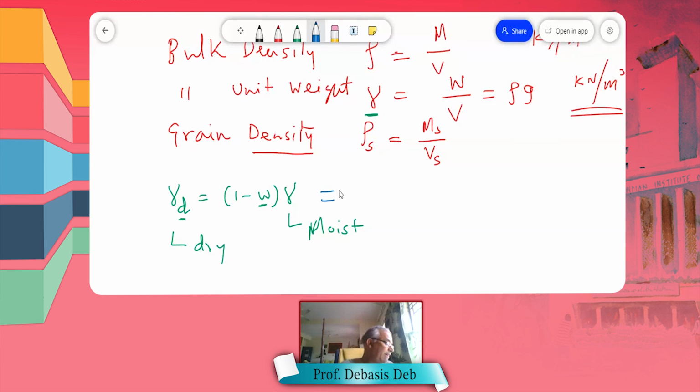Weight of solid divided by volume. Weight of solid by total volume, right? Okay, good. Can you start from here and find that out? Now, what is gamma? I already gave you the total weight by volume. So the volume is already there. Now you have to just relate to that.